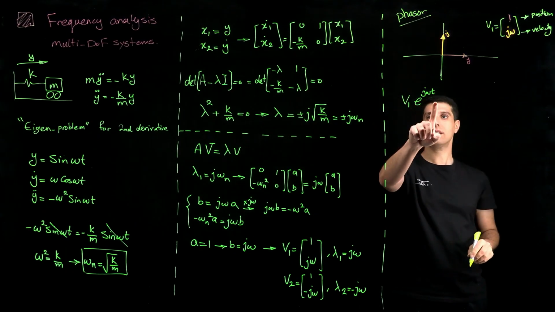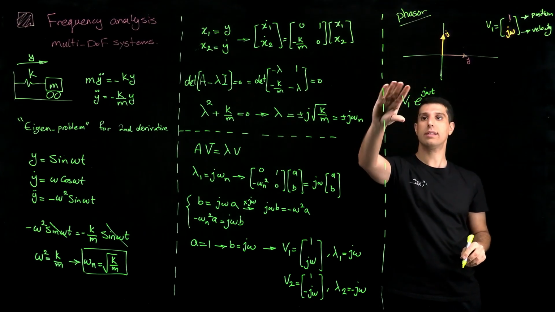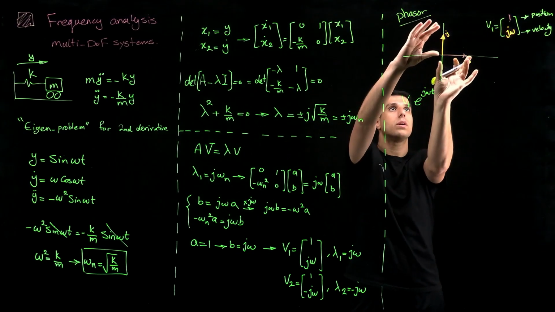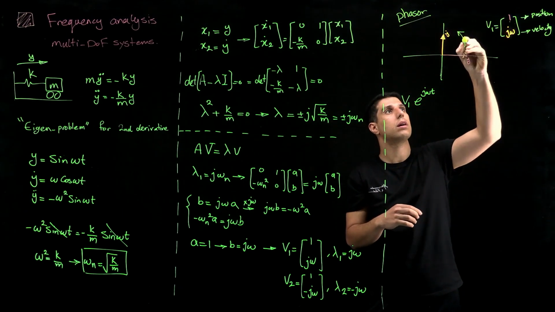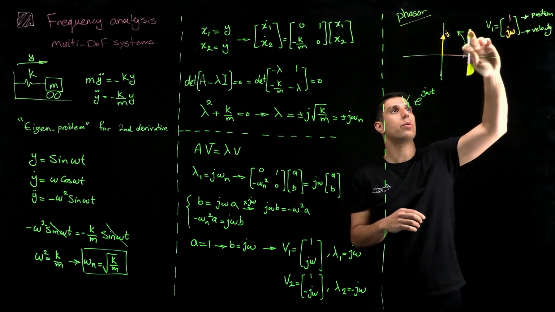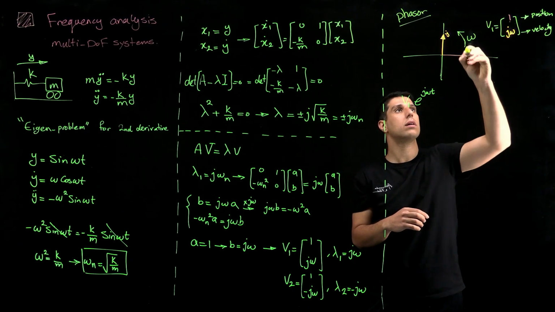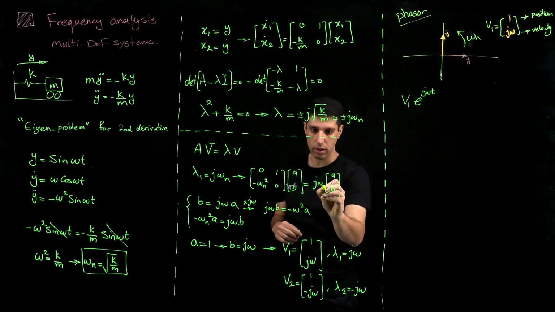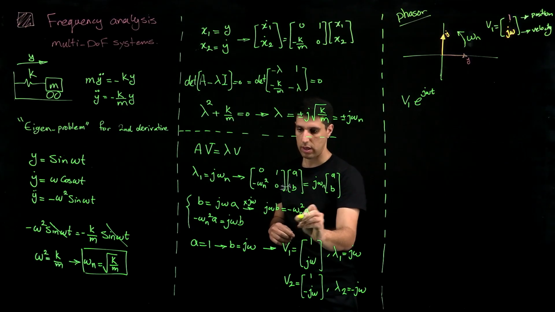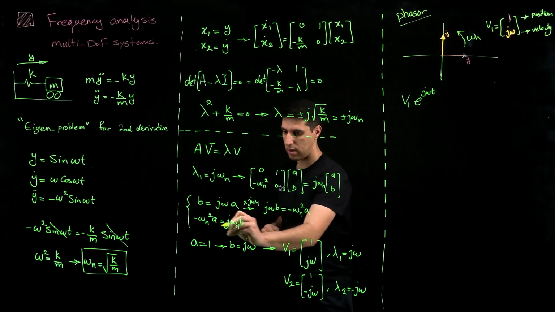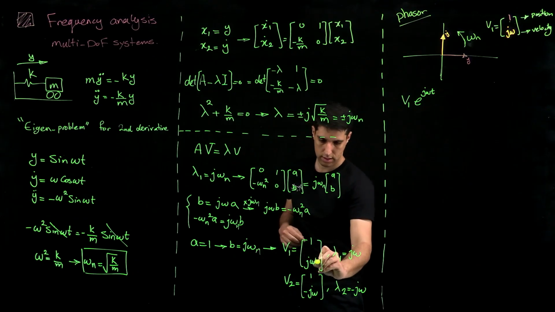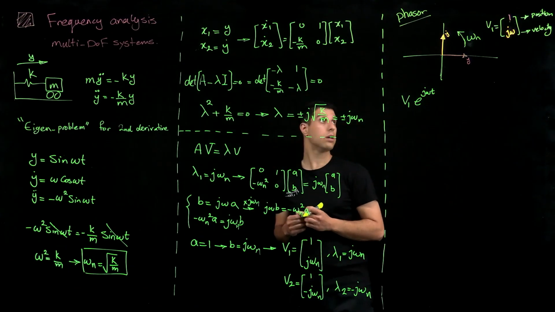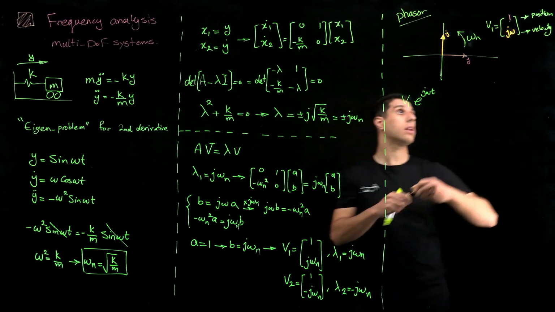So remember, this is a rotation that essentially is rotating this vector v, which means my phasors will rotate with the rate omega n.